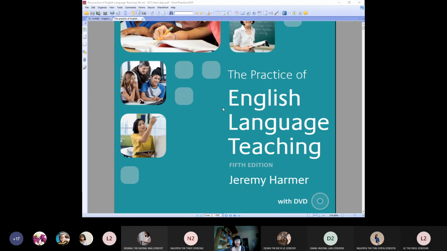So it is much easier for you to follow the lecture if you can read something on the screen together with the hard copy of the book on your table. So yeah, it is highly recommended that you get the book printed out so that you can have a hard copy of the book in front of you for all the lessons.